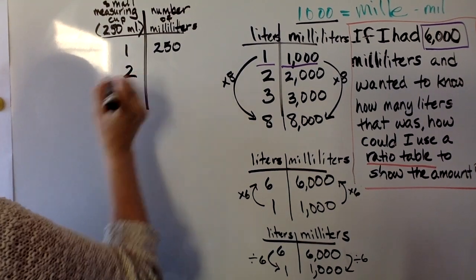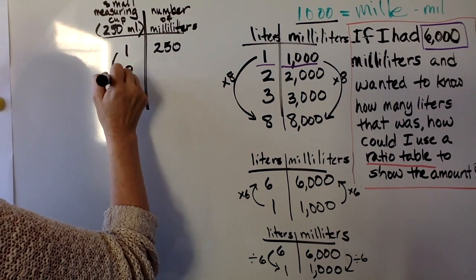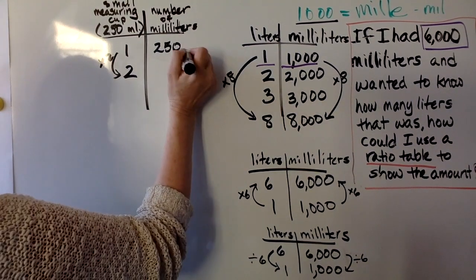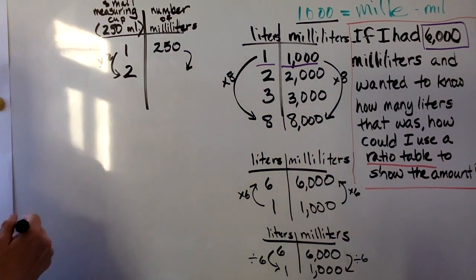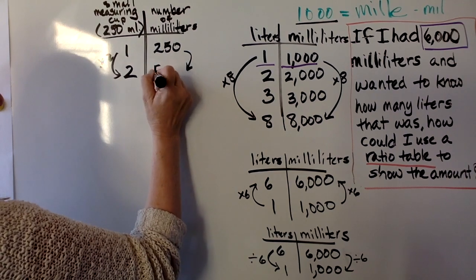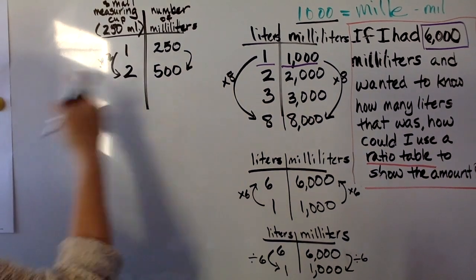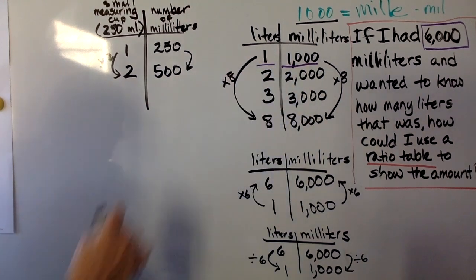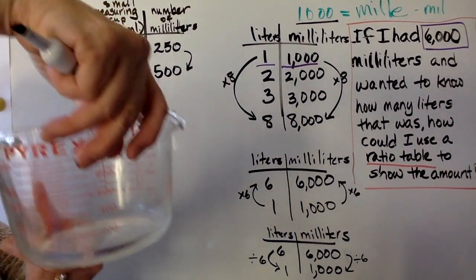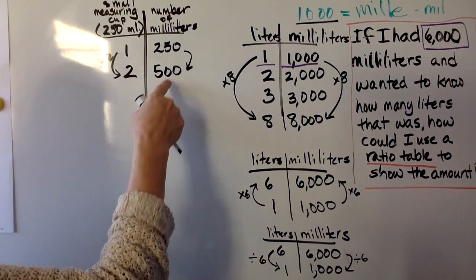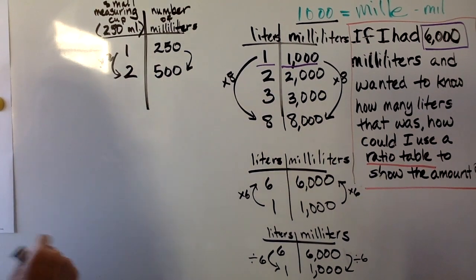Well, I'm going to just start with something easy. I'm going to start with 2. I need 2 times 250, so that gets me 500. So now I have 500 milliliters. Well, look, if I'm going to fill up this big cup, I need more. I need twice as much as that.